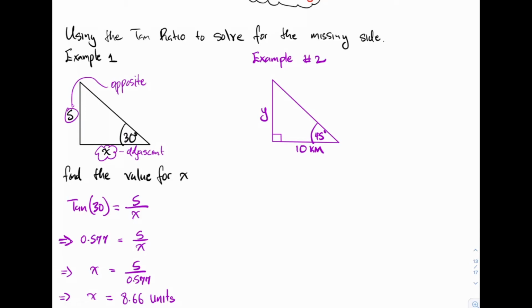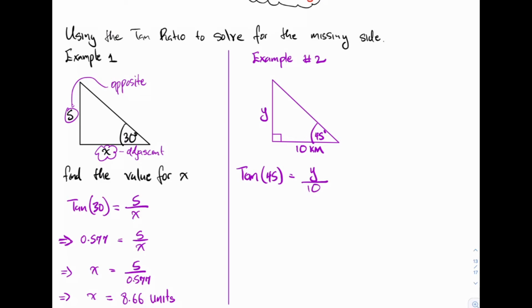Here we have a 45-degree angle that's given. So let's use our tan formula. We have the tan of 45 is equal to opposite. Here, the opposite is equal to y, and our adjacent is 10.